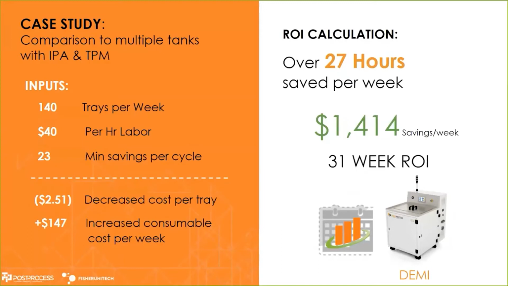With this time savings, we decreased the cost per tray by $2.51, even when we took into consideration the fact that we did increase the consumable cost. So overall, with all of the time savings, that was 27 hours per week. We ended up saving this user about $1,400 per week, resulting in a 31-week ROI for our DEMI.